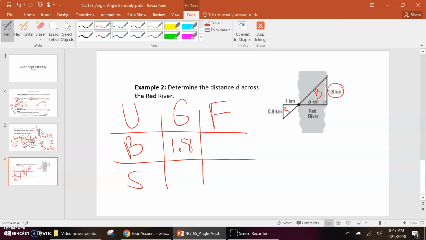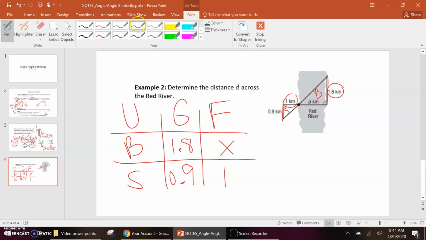And that line there corresponds to this line here. So that's 0.9 kilometers. Those little decimals go away. We are finding this distance D here on the Red River. So we are looking for our river on the big picture. And then that line corresponds with this one right here.